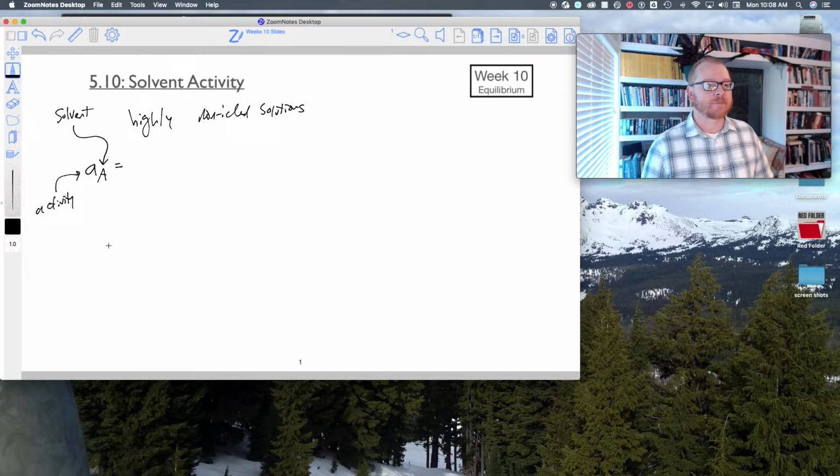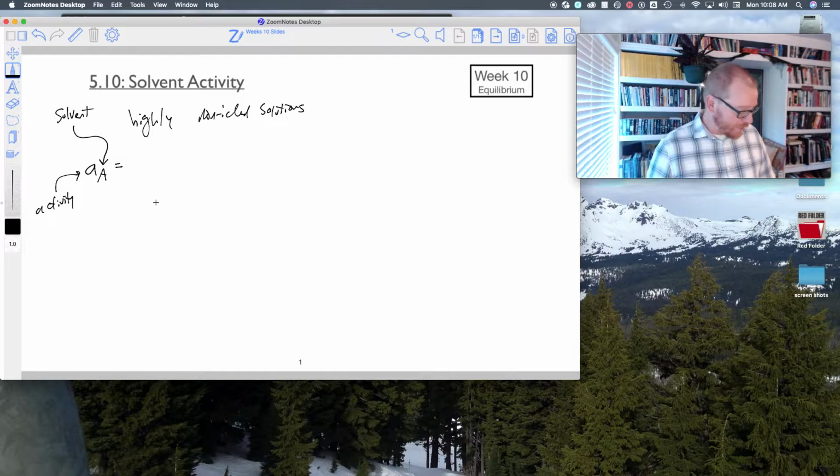All right, so for solvent activity, that equals the observed vapor pressure of species A divided by the pure solvent vapor pressure. So this is for a solution.